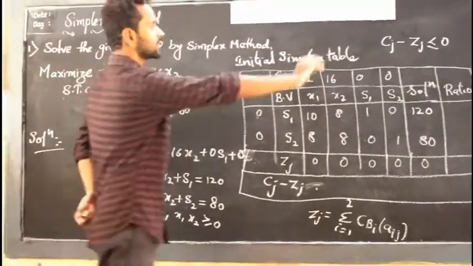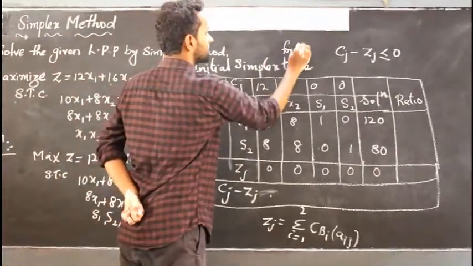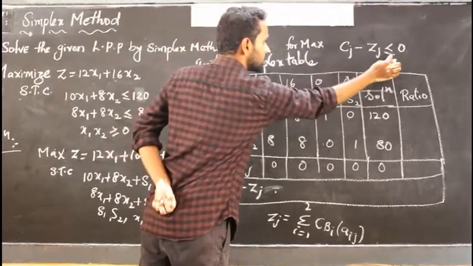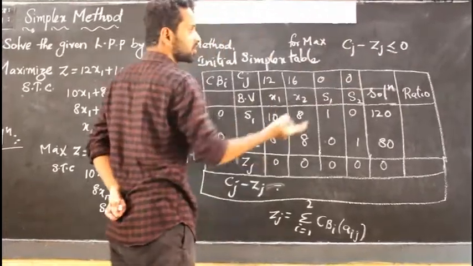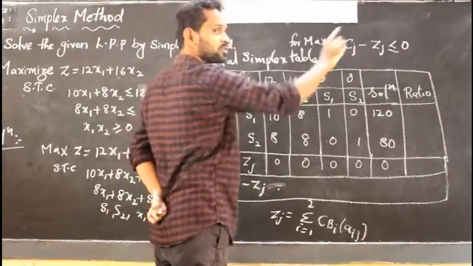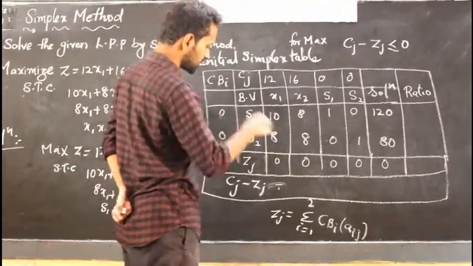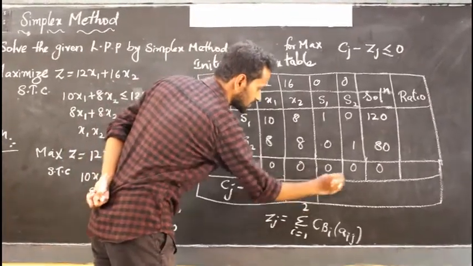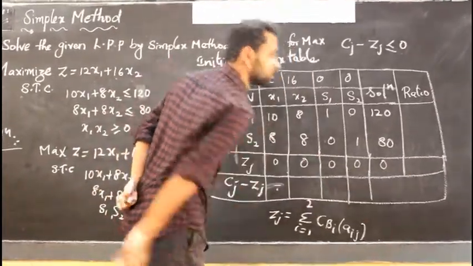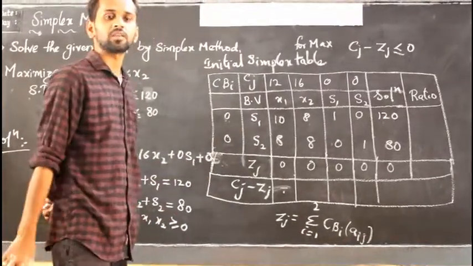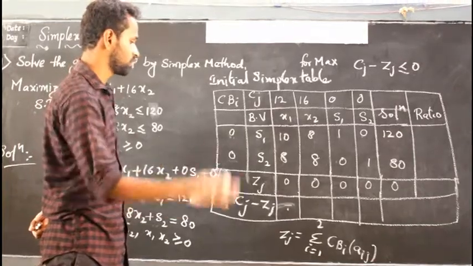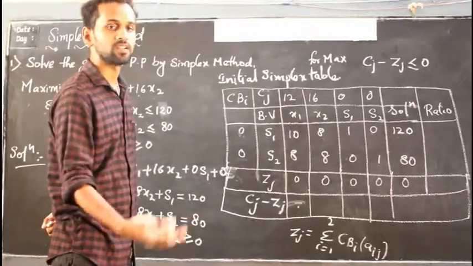I write here: for a maximization problem, Cj minus Zj must be less than or equal to 0. For a minimization problem, Cj minus Zj should be greater than or equal to 0. Since it's a maximization problem, all my Cj minus Zj values must be less than or equal to 0. If I obtain that, I can stop and say we have reached optimization. Or else we need to proceed to a second iteration, third iteration, like that.